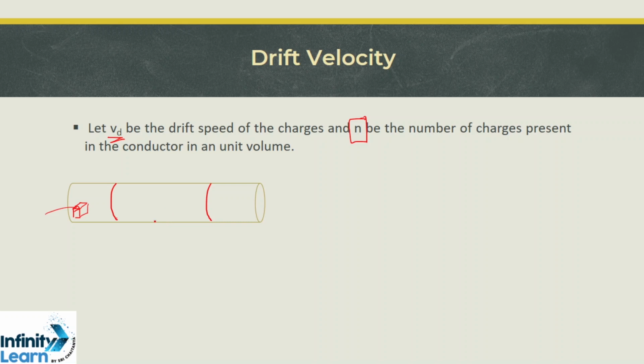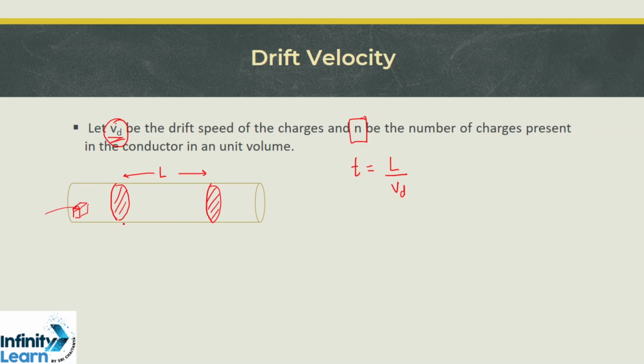Let us say these electrons travel a distance L with the velocity Vd in time t. Time is nothing but distance upon speed, so the distance covered is L, and the speed is the drift velocity Vd.